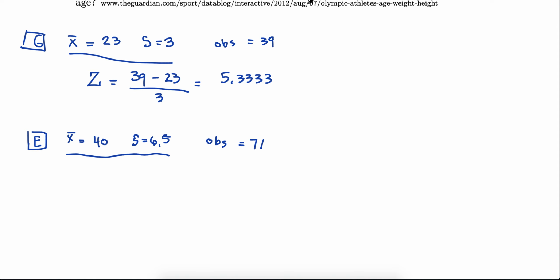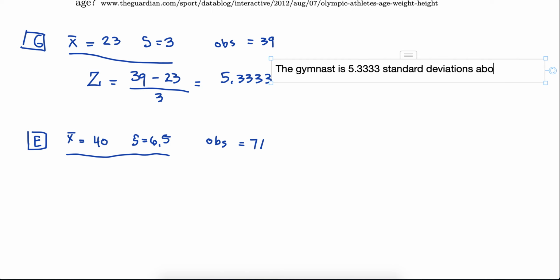And if I wanted to interpret this, I could say something like this. The gymnast is 5.3333 standard deviations above average. And then think about, would this be an outlier based on the previous criteria we had?